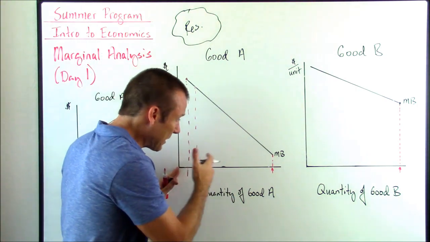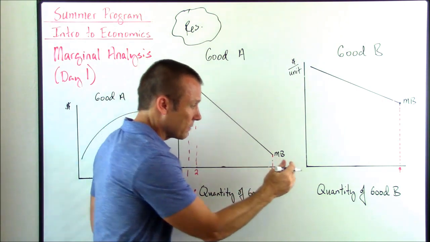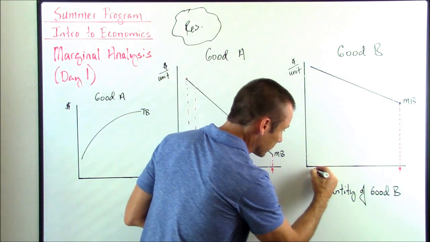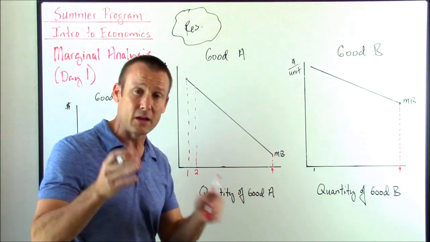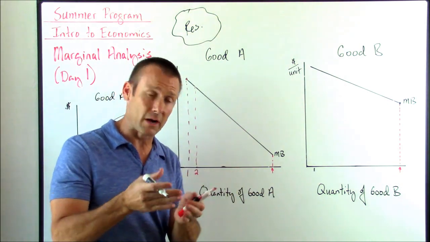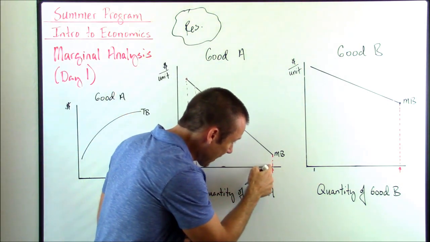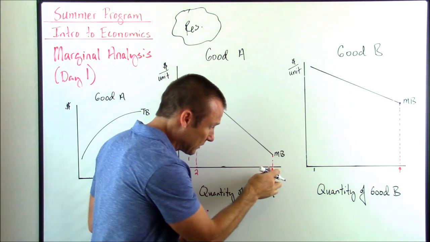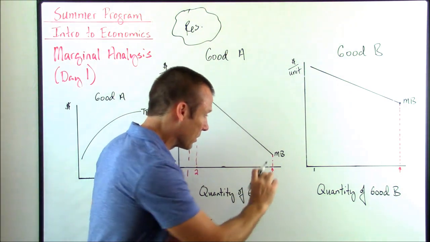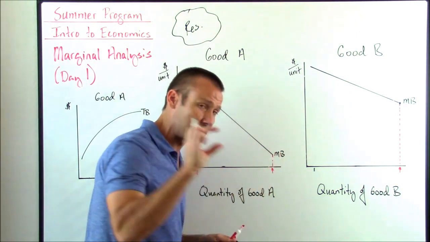So instead of making all of good A, we're going to make 1 unit of good B. What is the cost of that? Well, hey, opportunity cost, right? We're going to forego that amount of benefit. We're not going to be able to make that last unit anymore. So we're going to forego that marginal benefit.